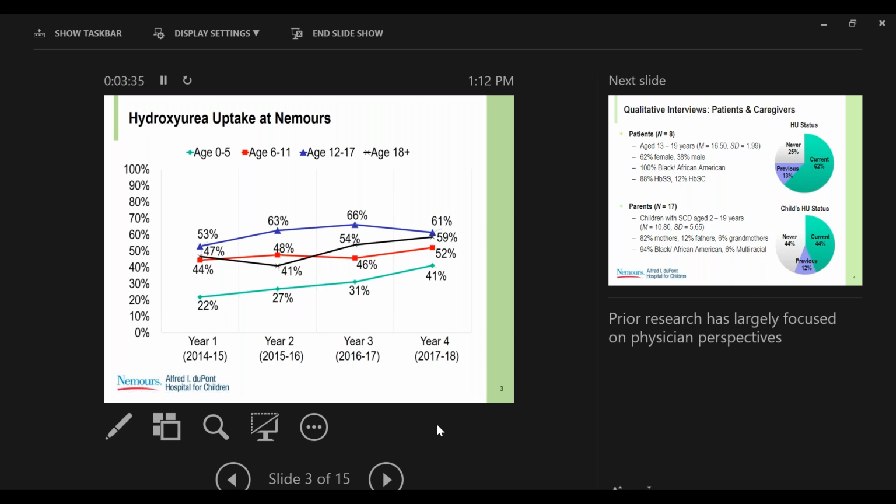And then in the young adult population who are still receiving care at Nemours prior to transitioning, you see a nice increase from 47 to close to 60% before transitioning to adult care. So certainly we see some improvements, particularly in the younger kids, but a lot of room for improvement in terms of getting more kids with sickle cell disease on hydroxyurea.